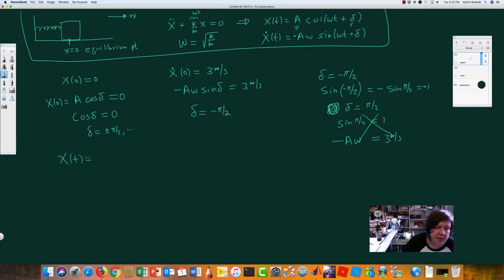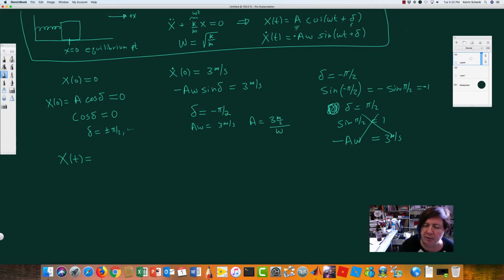Now, what does that tell us about our solution x of t? Sorry, we didn't even solve for A yet, did we? So right here I'm going to put this in. I'm going to get a negative 1 here. So I get A omega is equal to 3 meters per second. Therefore, A is 3 meters per second over omega. Notice how the units work out.